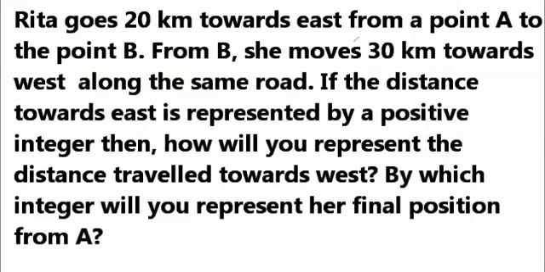Here, Rita goes 20 kilometers towards east from point A to point B. From B, she moves 30 kilometers towards west along the same road. If the distance towards east is represented by a positive integer, then how will you represent the distance traveled towards west? In the last example we solved, we saw that if we are taking above sea level as positive, then below sea level is negative.